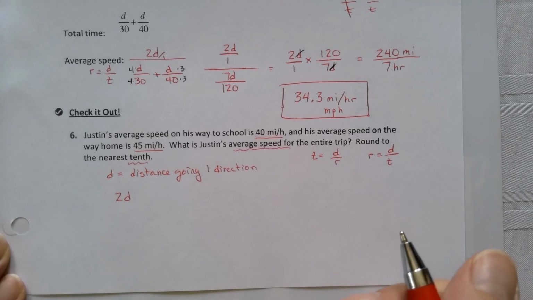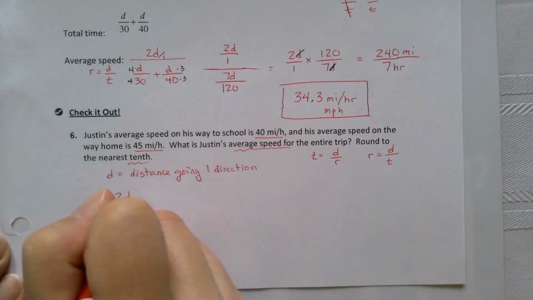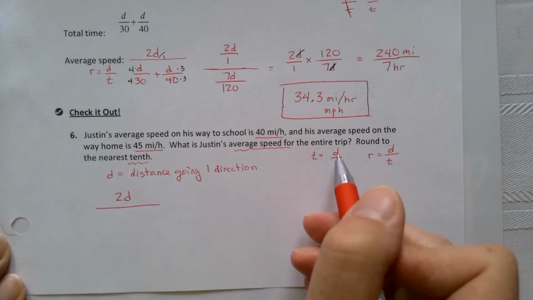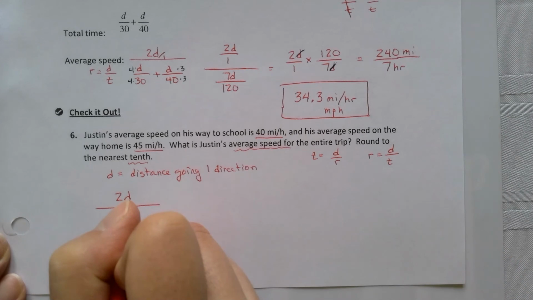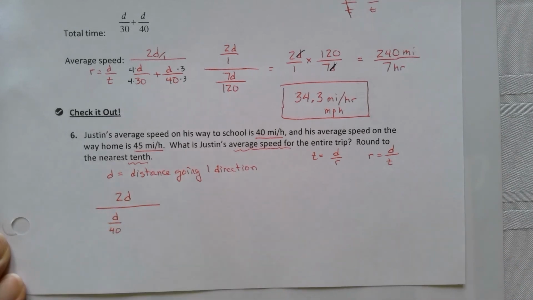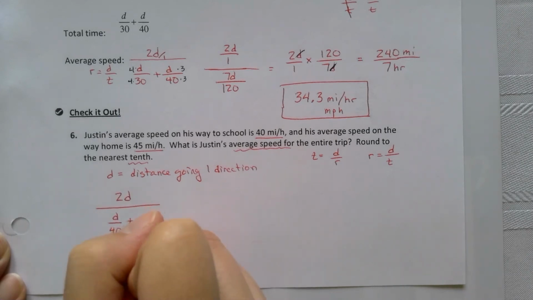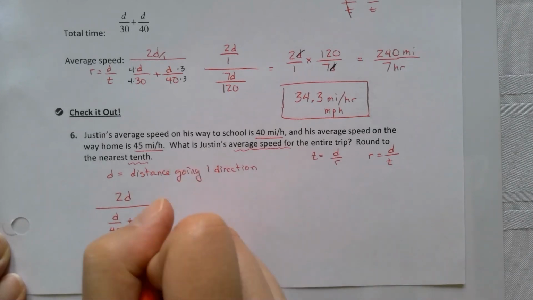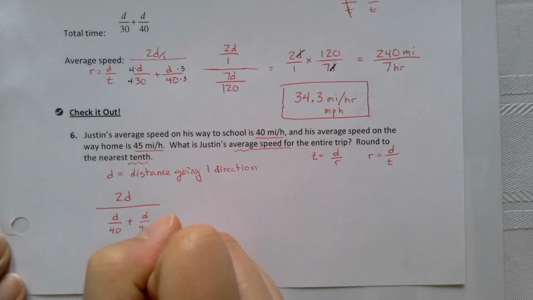His time going is the distance divided by the rate, which is d divided by 40. But we're going to add to that his time coming home, which is d, his distance, divided by 45.